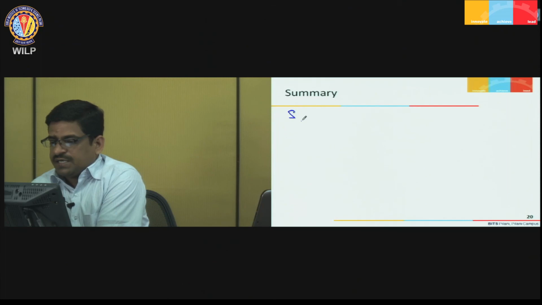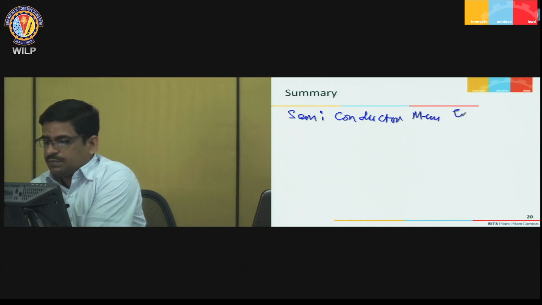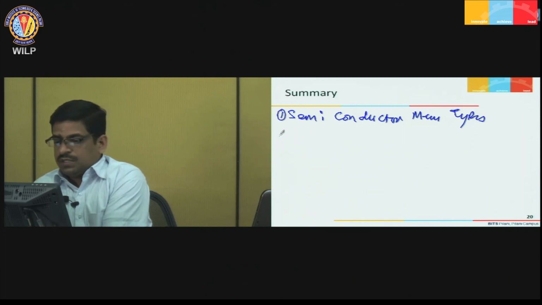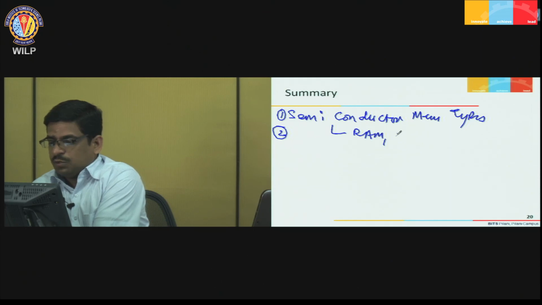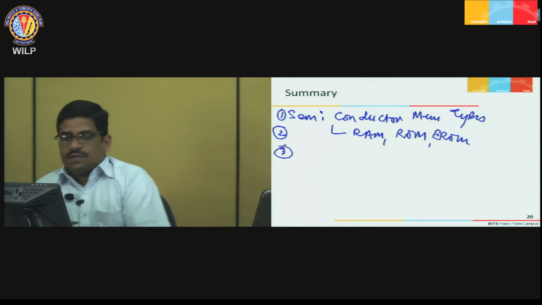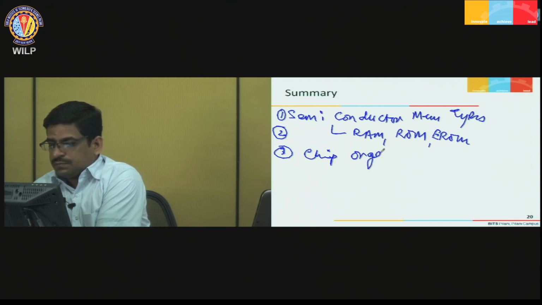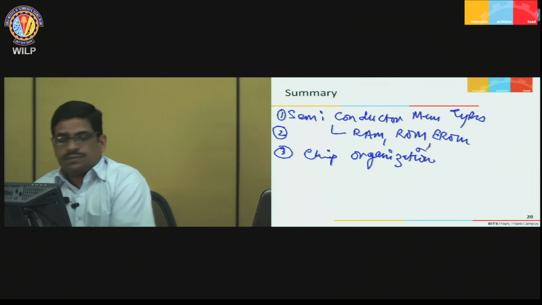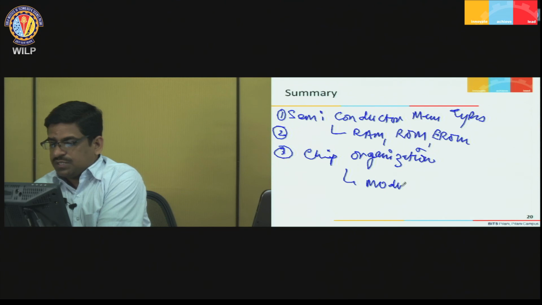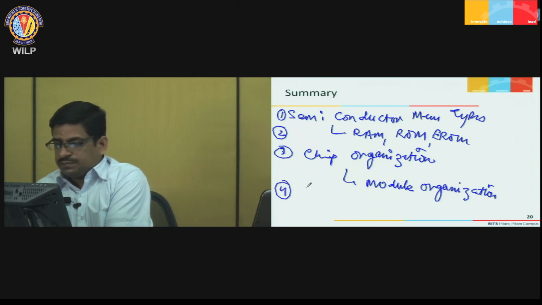Now let us summarize what we did today. I talked about the semiconductor memory types, the different semiconductor memories like RAM, ROM, the various versions of the ROM, EPROM, etc. And then I talked about the chip organization, from the chip organization to the module organization, how to construct a larger module, and we also saw the SRAM cell and DRAM cell organization.